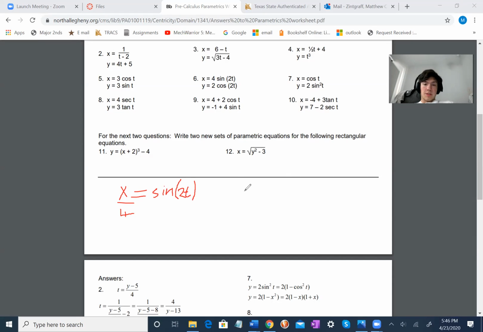And then the y portion is going to be y over 2 is equal to cosine 2t. Okay, so from here, I can use the Pythagorean identity of sine squared plus cosine squared is equal to 1.